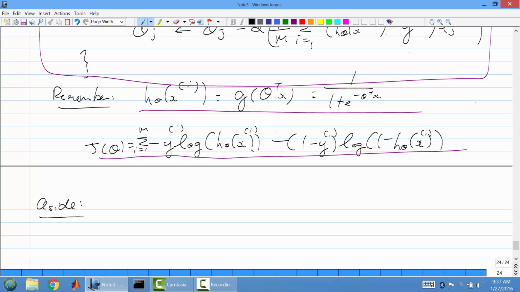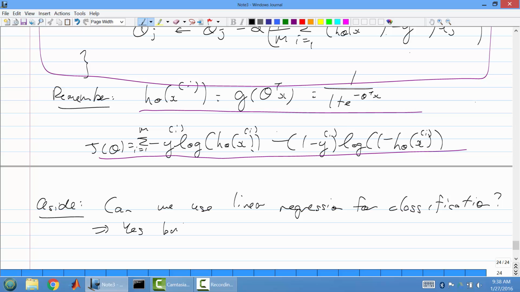The short answer is yes, but it does a pretty poor job at it, and I'll tell you why. Can we use linear regression for classification? Yes, but poor performance.